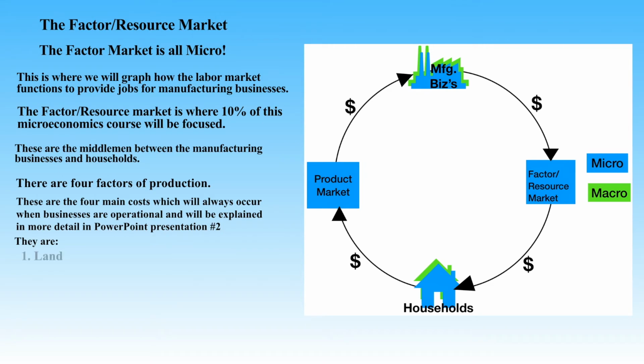They are land. Whenever you have a business, you have to have a place for that business. Those are considered your land costs. Number 2, the largest cost of being in business in most cases is labor, what you have to pay your workers when you are in business.